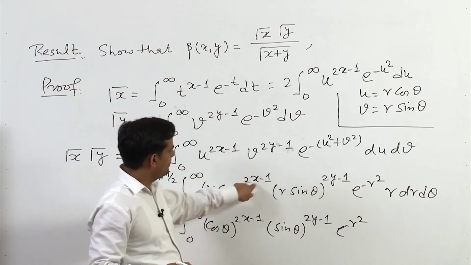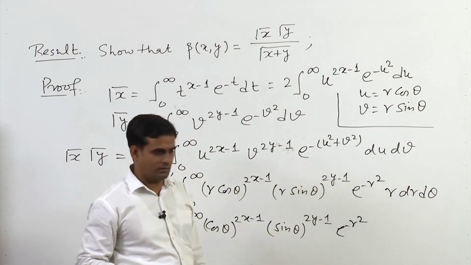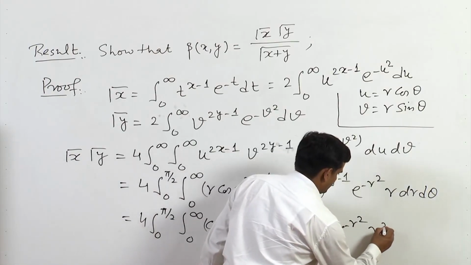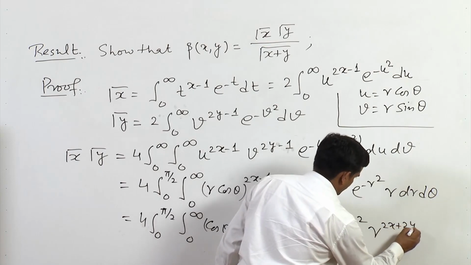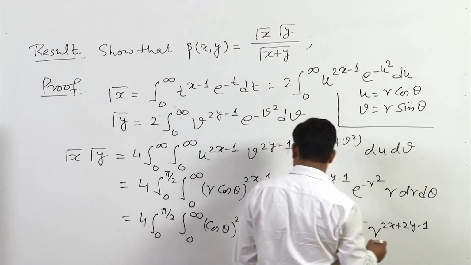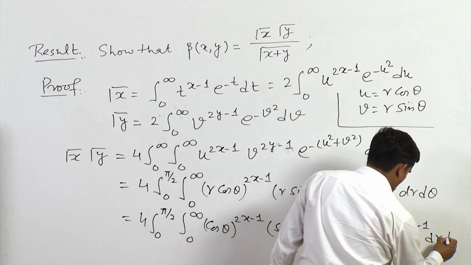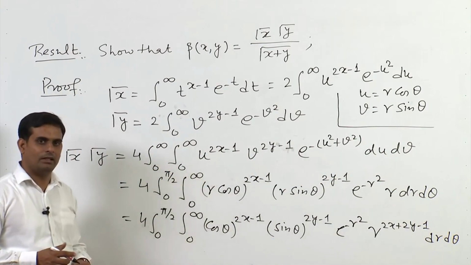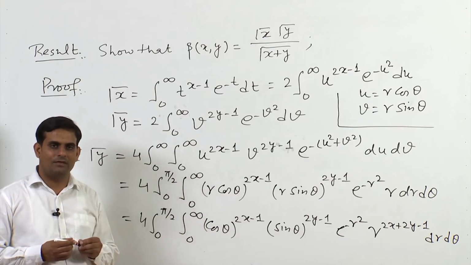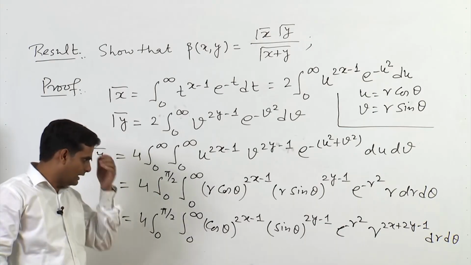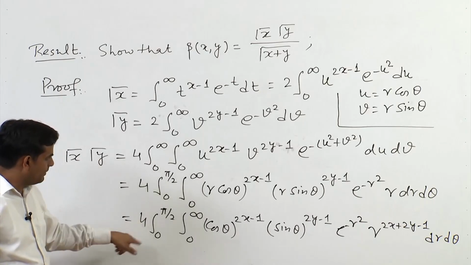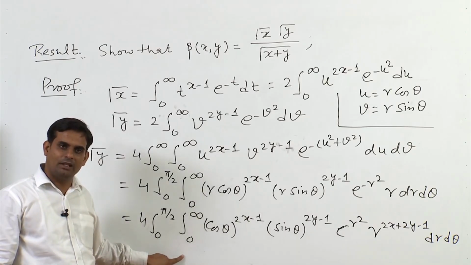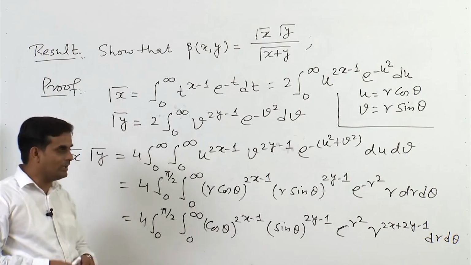So 2x plus 2y minus 1, dr d theta. Please see the limits. Limits are constant, they are not the functions of one another. So by the Fubini theorem, this double integral can be written as the product of two single integrals.